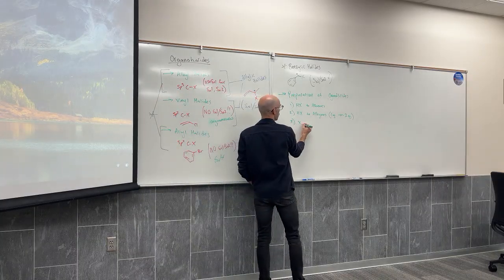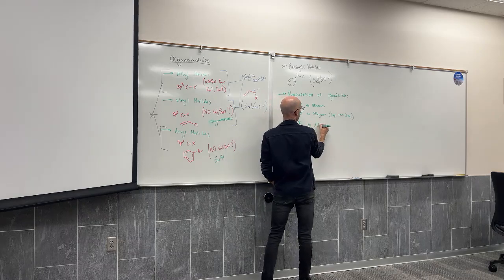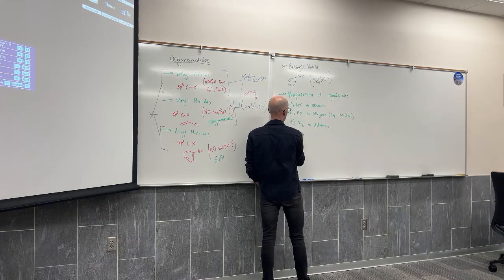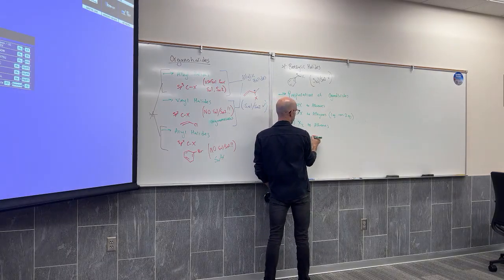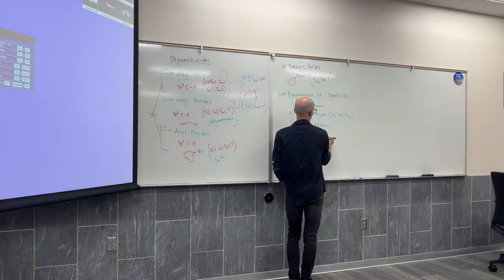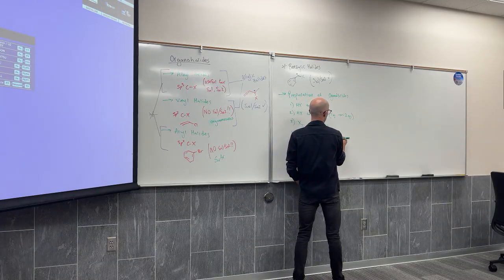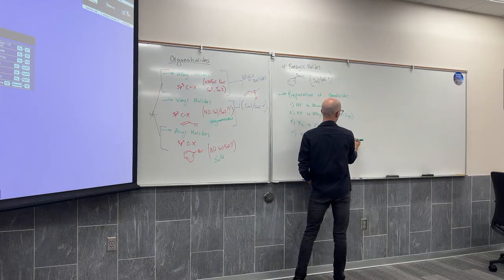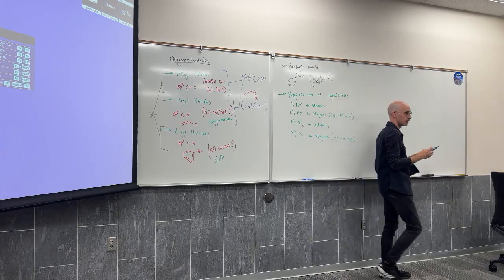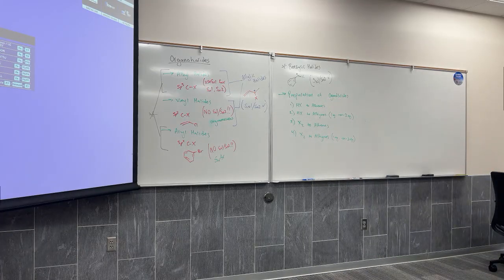We saw X2 addition to alkenes, and we saw X2 addition to alkynes, once again in one equivalent or two equivalents. X2 to alkenes gave us vicinal dihalides.